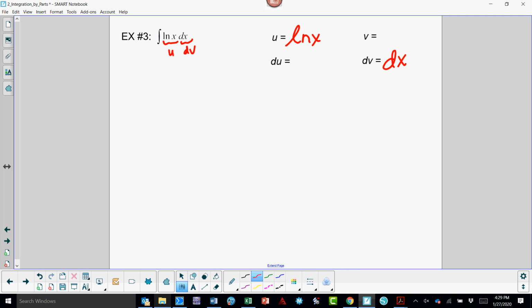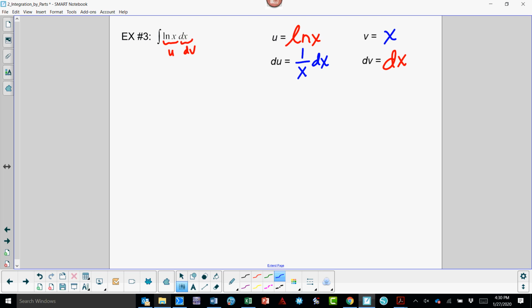Now I need to find the other parts. If u equals ln of x, then the derivative of u is du. The derivative of ln of x is 1 over x dx. Then I have dv equals dx, so if I integrate that, I'm just going to get x.